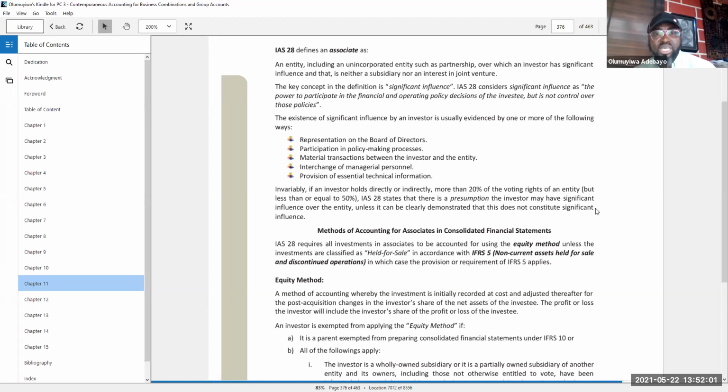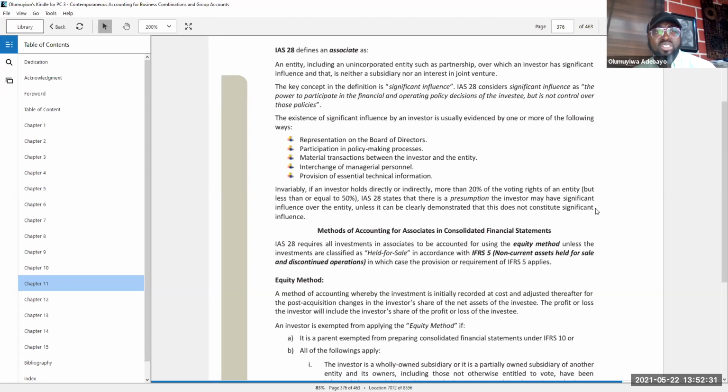In that light, we say you exert some kind of influence. And doing so makes us see the investee as qualifying as what? An associate.